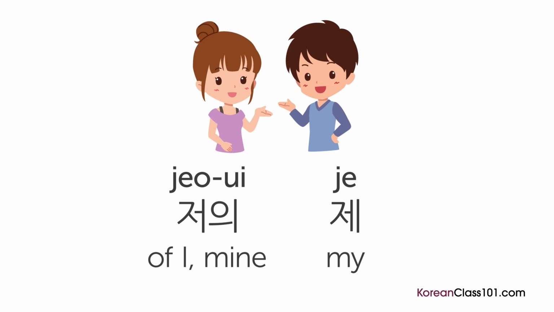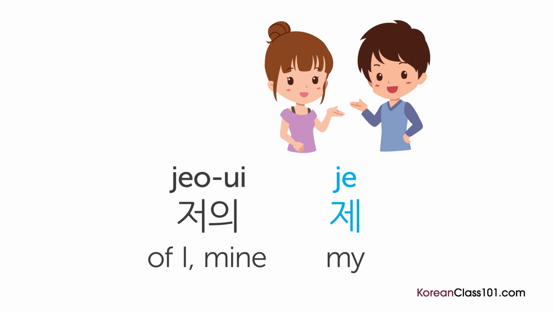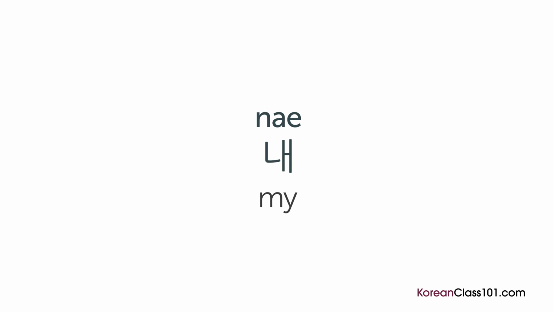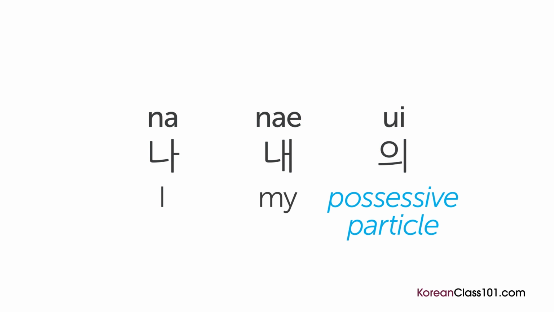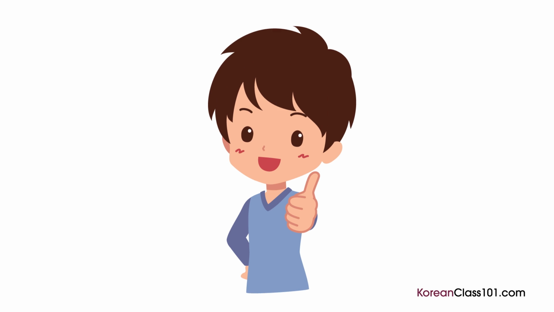In normal daily conversation, Koreans use 제 instead of 저희. If you want to make your sentence more casual, you can also use the word 네. 네 is the simplified version of the word 나, meaning I, and 의, the possessive particle. Let's do some examples so you can learn how to use each word for my correctly.